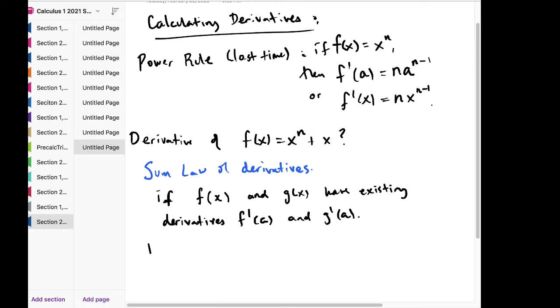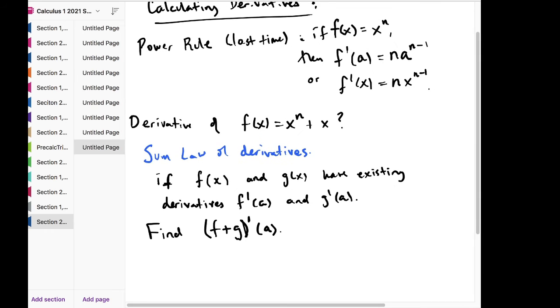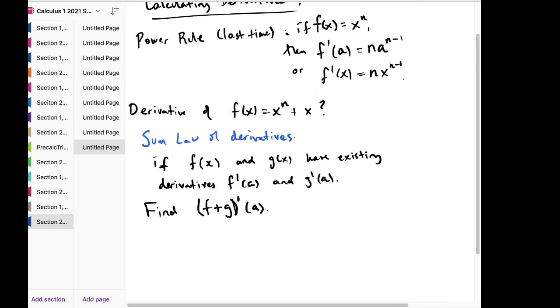The goal is to find f plus g prime of a. What we're going to be doing today a lot is asking what properties the derivative has. This is a new type of thing that we've discovered, so we're trying to find some properties.